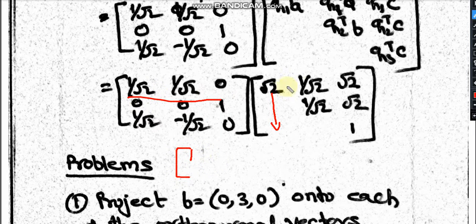Next, multiplying the first row with the second column, 1 by root 2 into 1 by root 2 is 1 by 2, plus 1 by 2, I get 1. For the third, it becomes 1 plus 1, which gives 2. I have done only the first row, so you can check the rest.